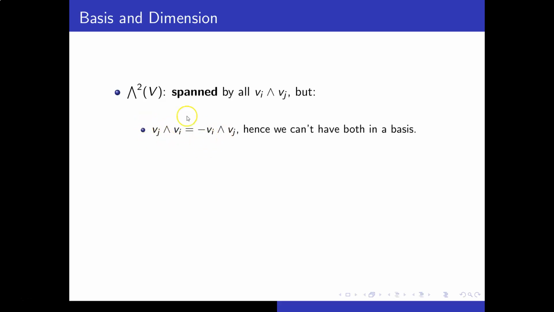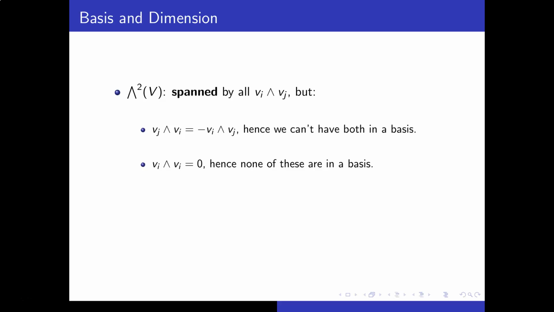So this vector is just a multiple of that vector, and I can't have both of those in the basis. They wouldn't be linearly independent. So those are going to be cut away. Moreover, Vi tensor Vi is just whatever you get when you tensor Vi with itself, but now, in the exterior product, that's 0. So those can't be in the basis either.